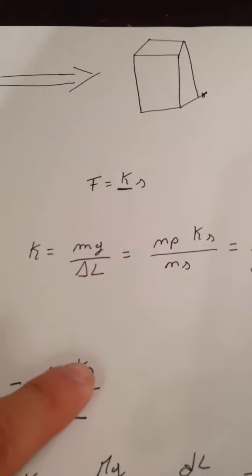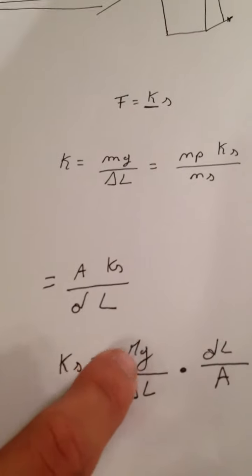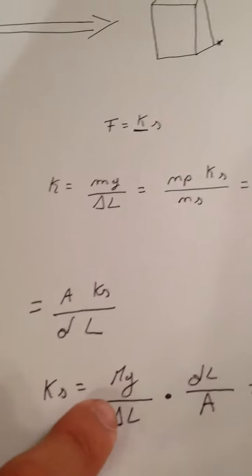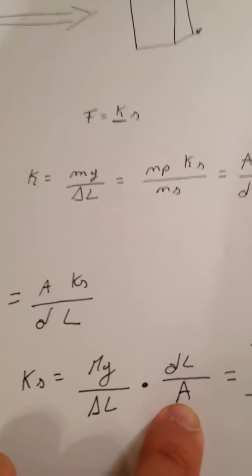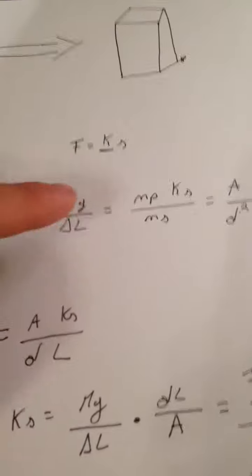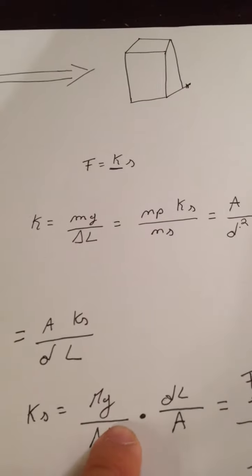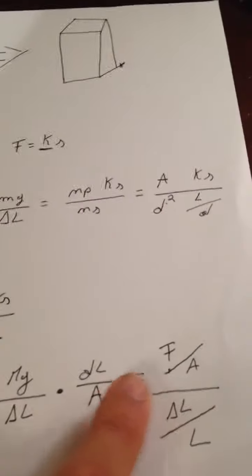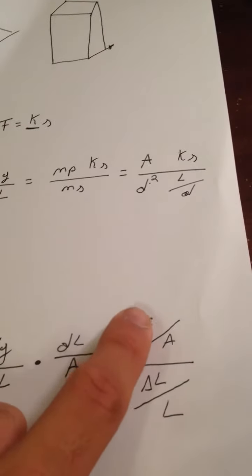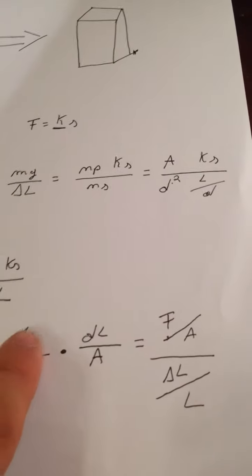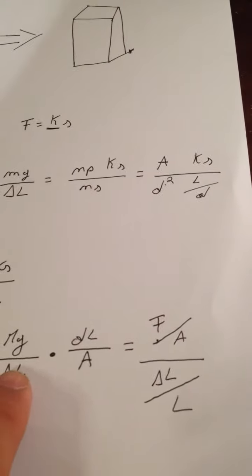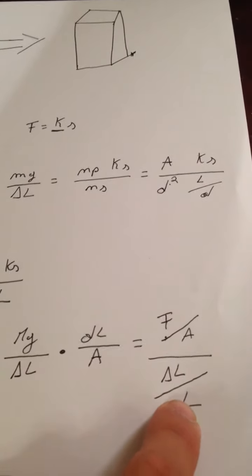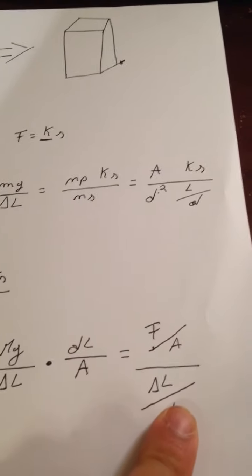So I can solve for my Ks, and my Ks will equal mg, the force, times the stretch times D times L times A. This is equal to this, so I get this. And by fractions, I can solve this as mg divided by A, divided by the stretch times L, divided by L, sorry.